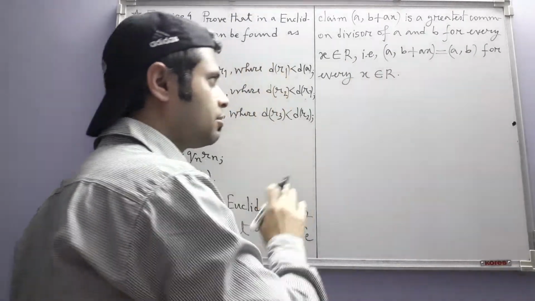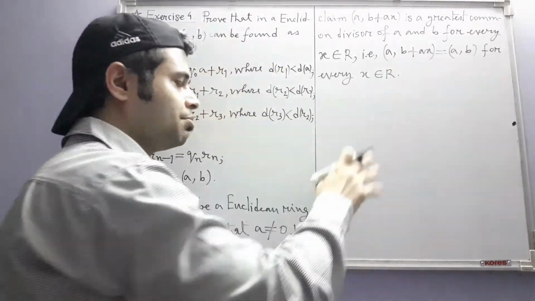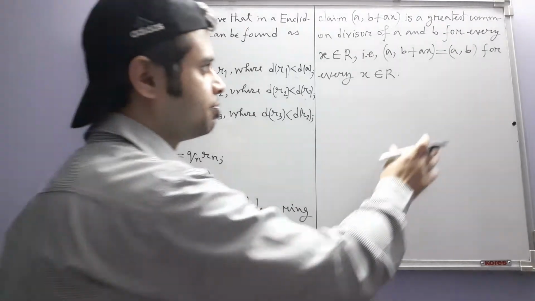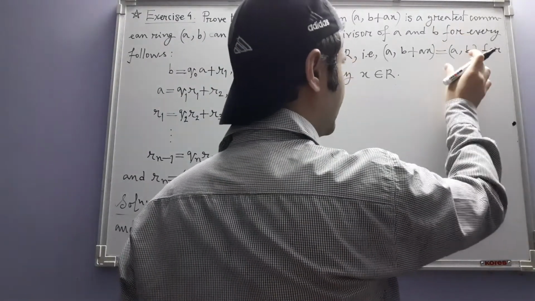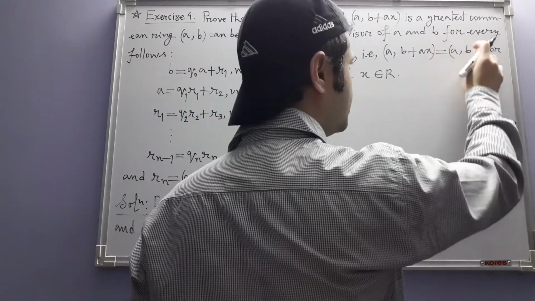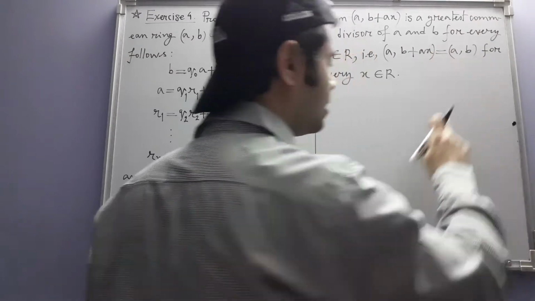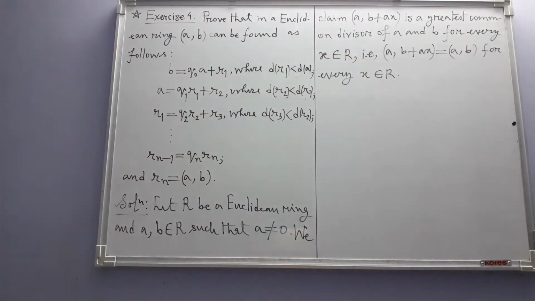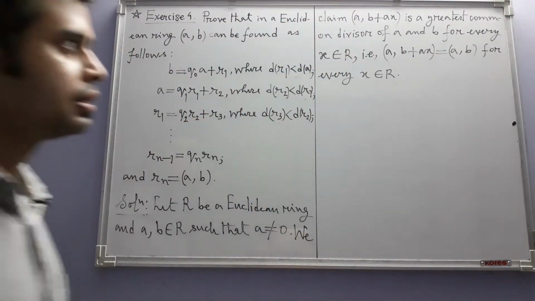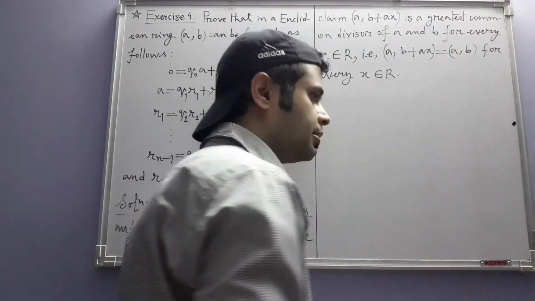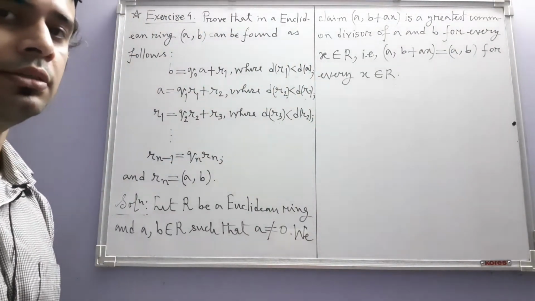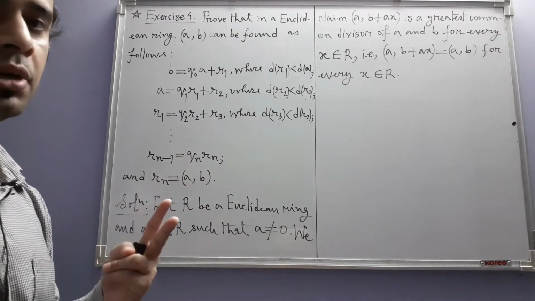The confusion that may possibly arise will arise from your tacit assumption that this is a single value. But we have already seen and mentioned that in a Euclidean ring there may be more than one GCD of two given elements.